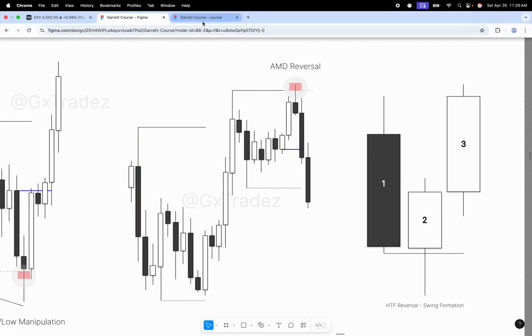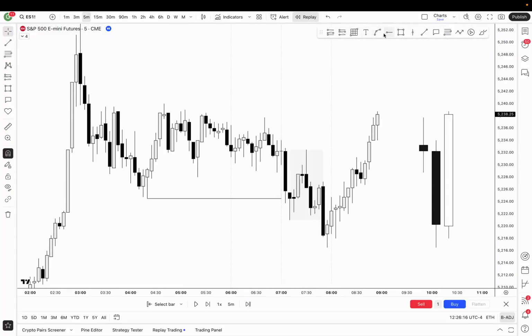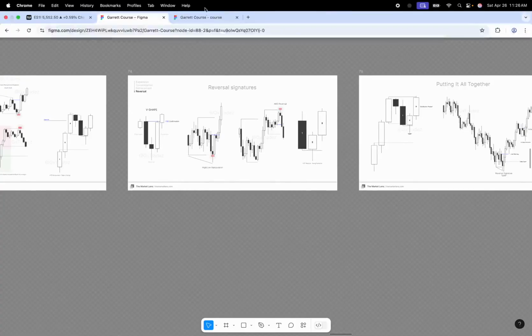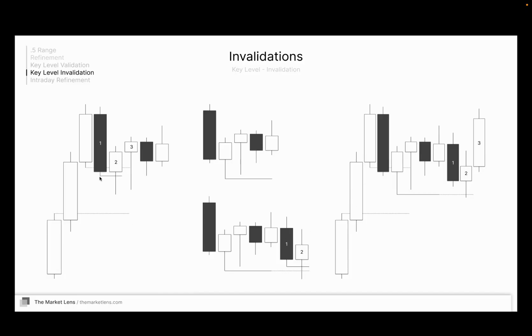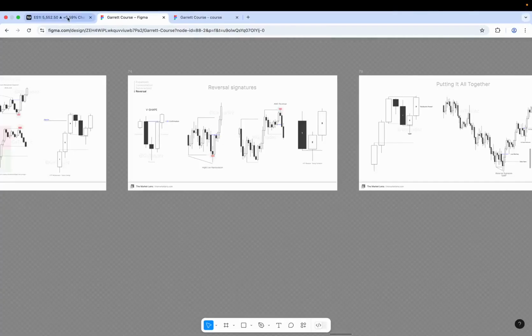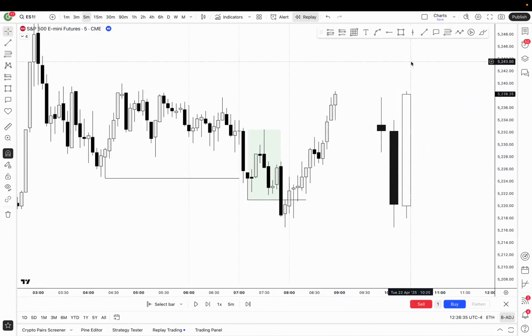We want to see a manipulation of that low, right? So it's essentially exactly this, but kind of like fractally. It's the same thing, right? Because when we hit a key level, we didn't reverse, so that becomes the reversal point. Exactly like this, right here. Right, so now we need to manipulate this low and then form that CSD, right?